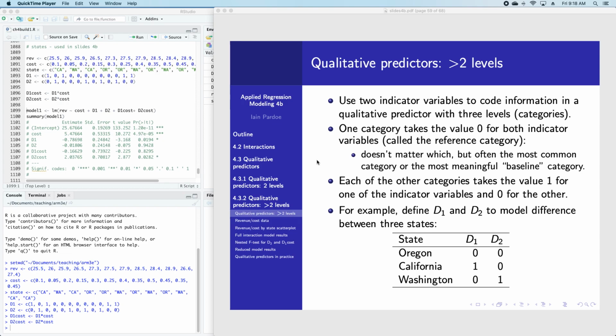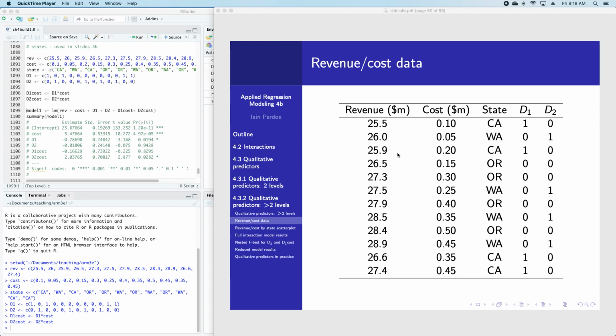It's often going to be either the most common category or some meaningful baseline category. In other instances, if neither of those cases hold, then we just have to choose one of the levels arbitrarily. So that's what I'll do here. In this particular example, we've got revenue and cost data for three different states: Oregon, California, Washington.